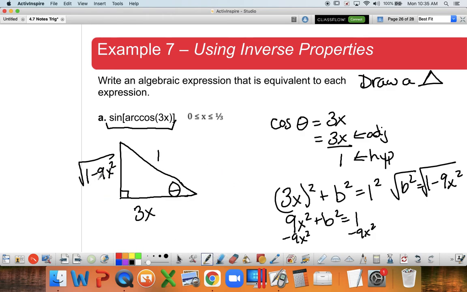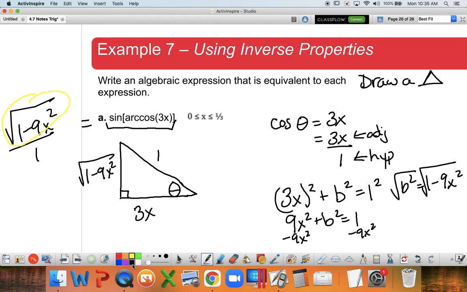I now have identified all 3 of my sides, and I want to know what is the sine of this main angle theta. Well, it's opposite over hypotenuse, and my opposite side is the square root of 1 minus 9x squared, so it's the square root of 1 minus 9x squared over 1. Or you can just write this first part here. That is your answer.